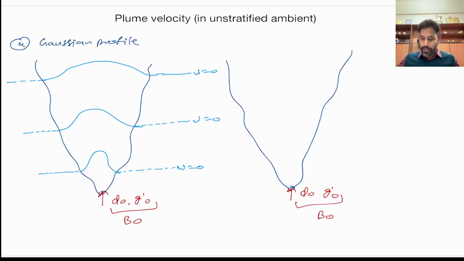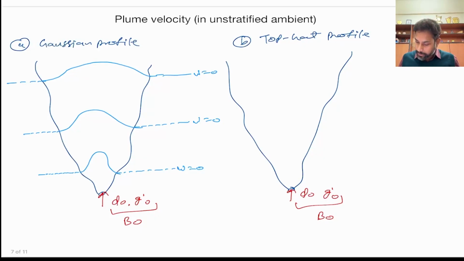The other profile is known as the top hat profile, where we assume that velocity is constant within the plume at a particular height. So we will assume that this is w, which is 0 outside, but there is this constant velocity within the plume.